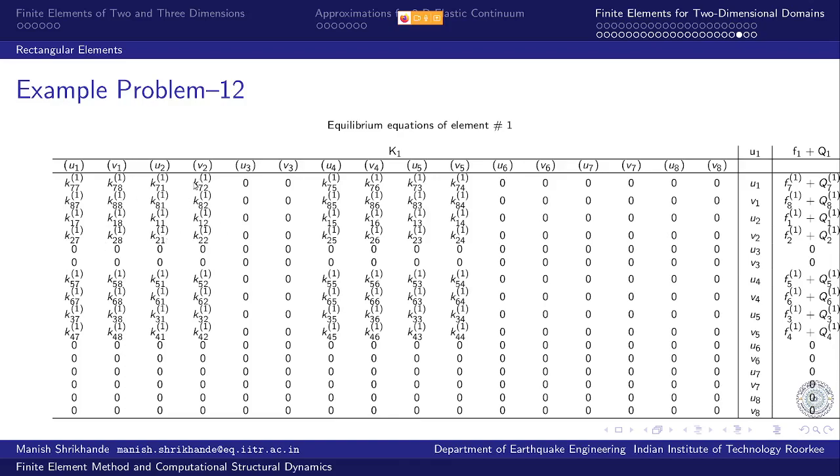So there is an integer mapping. We can define the integer mapping for which term would go to which place, and the contributions are added up. Cumulative effect is taken because for the same degrees of freedom which are shared with other elements, there would be contributions coming from other elements which would be added to these contributions coming in from element number 1.